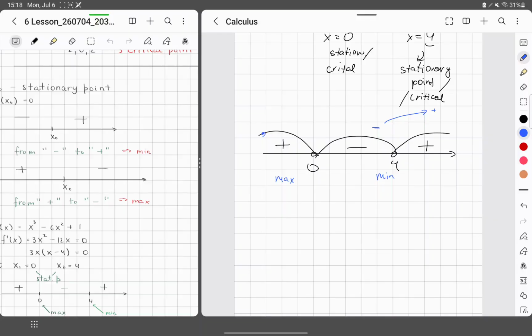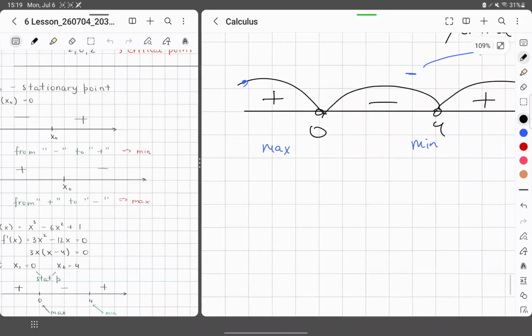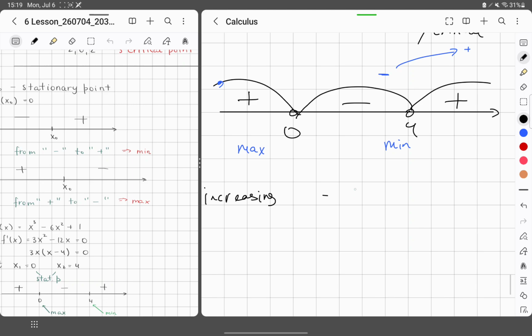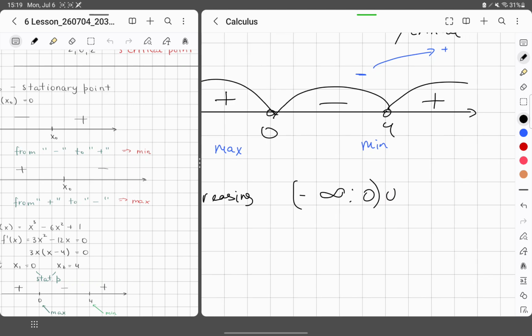All right, what about increasing and decreasing? So our increasing intervals are really easy. I will tell it, but let me write first. Negative infinity to 0, 4 to positive infinity.